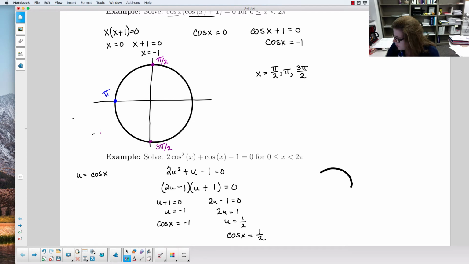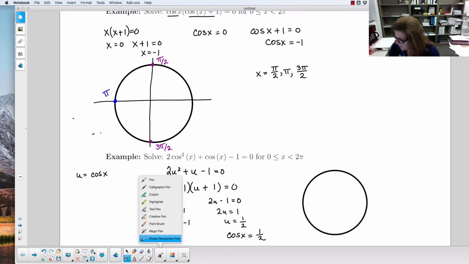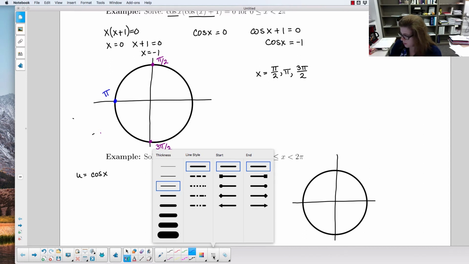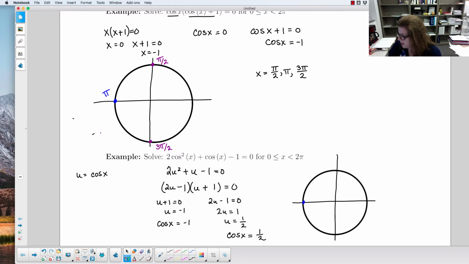Back to our circle, cosine is our x value. So we found cosine of x equal to negative 1 in the previous problem, and I've got a solution of pi here.